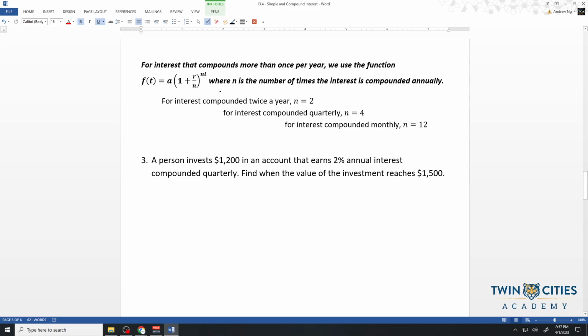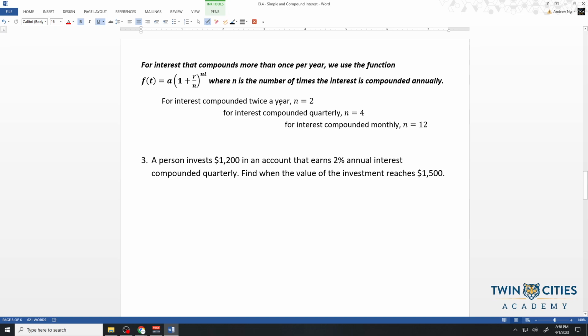The difference between one time per year and many times per year is that instead of 1 plus r, we're dividing r by n. And then instead of bringing this to the power of t, we'll be bringing this to the power of n times t. Now, what is n? N is the number of times the interest is compounded per year, so compounded annually.